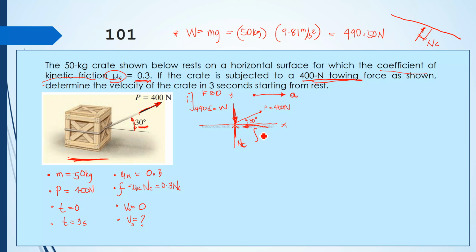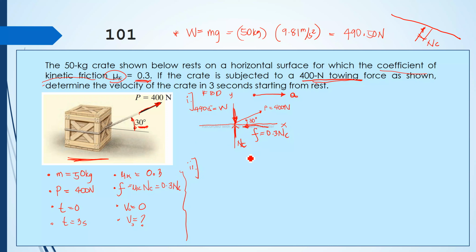So our frictional force f, equal to 0.3 times the normal force, is moving towards the left. So this is our free body diagram. Next, we try to sum forces.